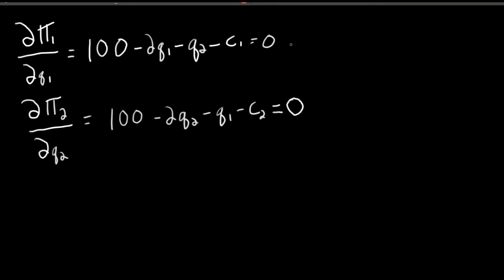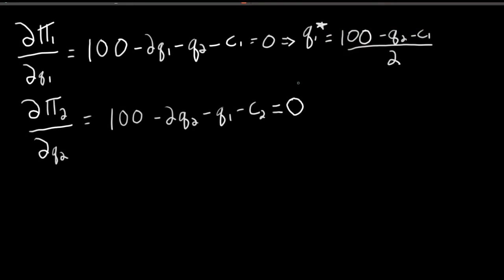If we solve for Q1, we will call it Q1 star because this is the equilibrium, it must equal (100 minus Q2 minus C1) over 2.